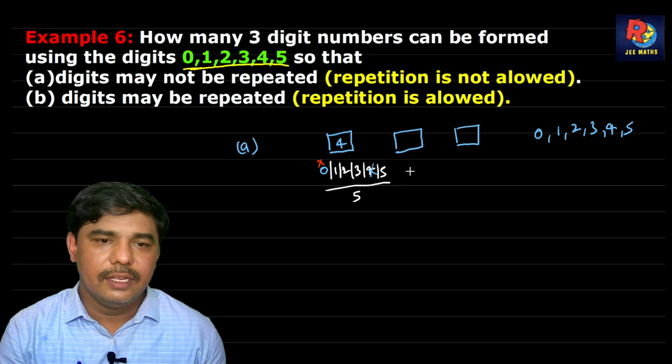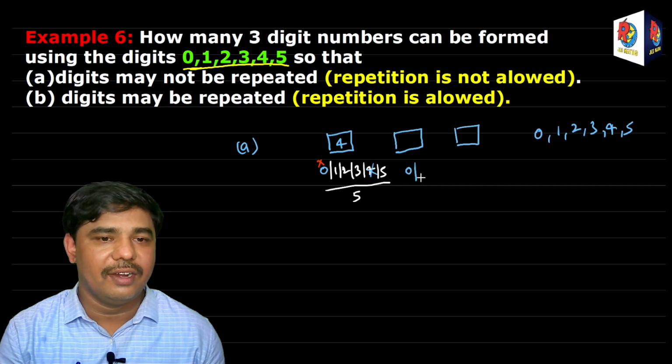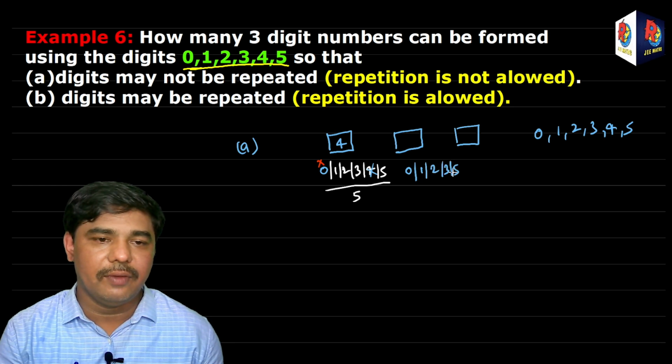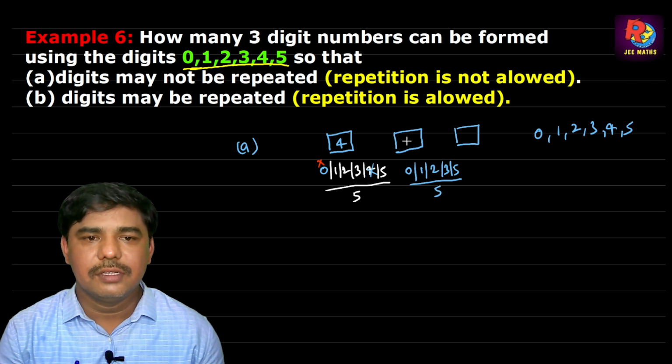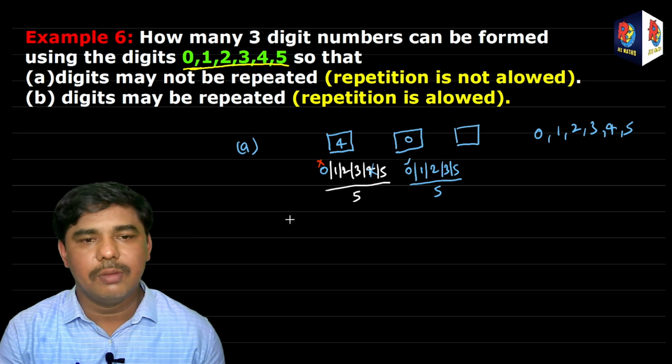Observe here: in the 10th place you can take 0, no issue about that. You can take 1, 2, 3, and since 4 is already filled, then 5. So here also we can take 0, no issue. I have taken 0.